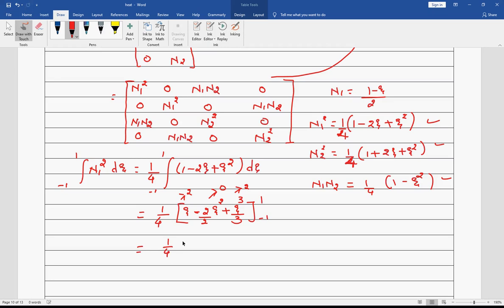So what I get is 1 by 4 times (2 plus 2 by 3), which is 8 by 3. Just let me know whether I have calculated this correctly or not. Or you can calculate on your end.